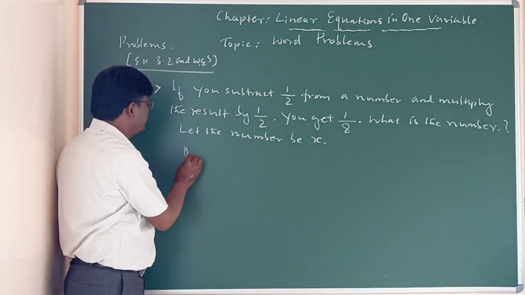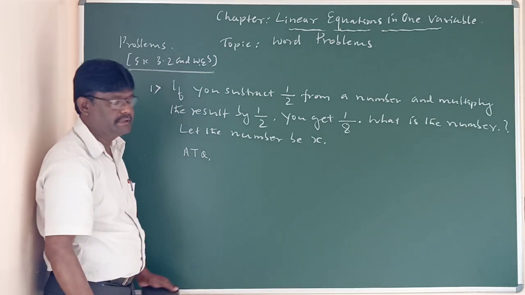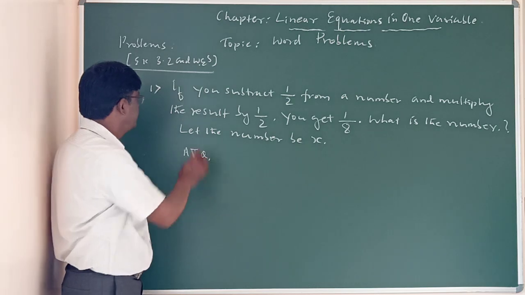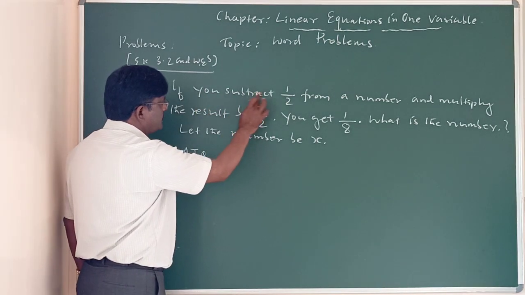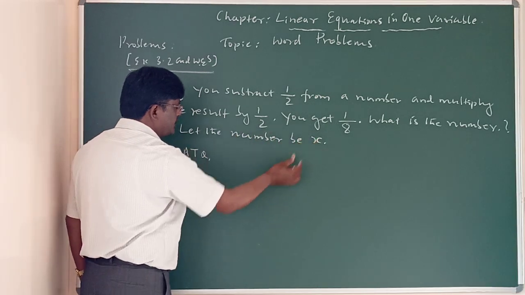Now the question says, if you subtract 1 by 2 from a number, we have assumed the number as x.